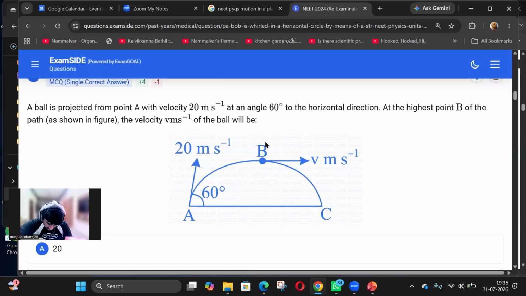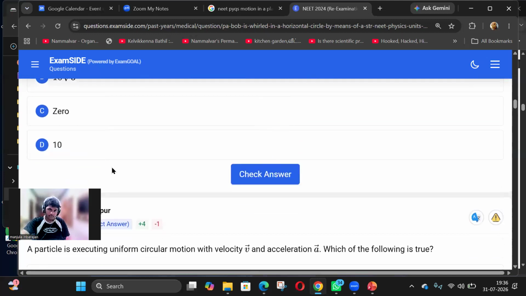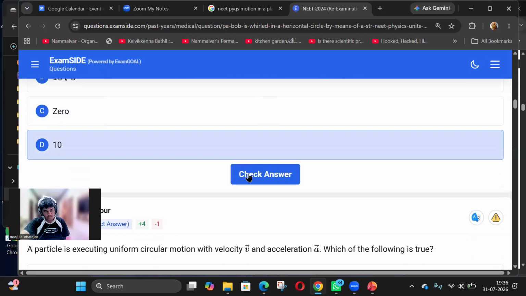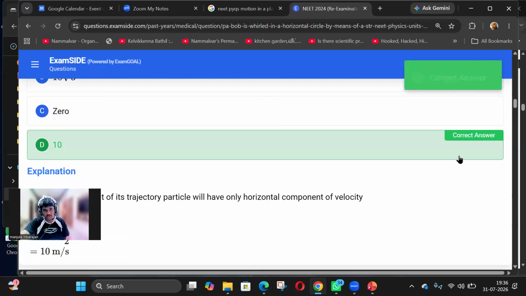And Vx is the same as Ux, 20 cos theta, which is 20 into 1 by 2, 10. So only Vx is there, which is 10. So option D. Okay, nice. Got it right.